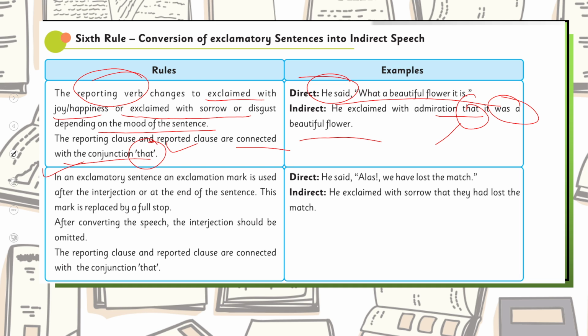In an exclamatory sentence, he said, alas, we have lost the match. Alas here is an exclamatory sentence. You can see the exclamation mark over here. We will say, he exclaimed with sorrow. Alas becomes with sorrow. That conjunction, they had lost the match.